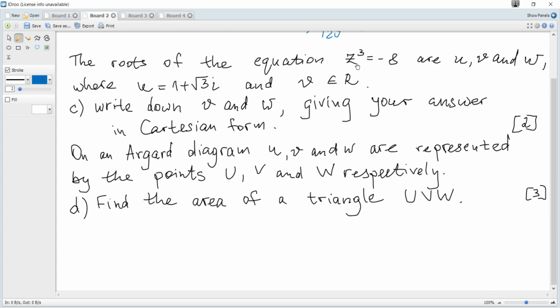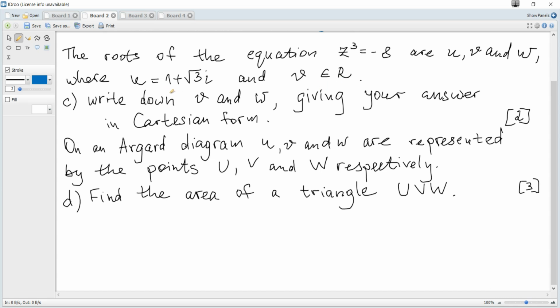And also we should know, if a complex number is a root, its complex conjugate also is a root, and complex roots arise in pairs. Since it's z cubed, there are 2 complex roots, and the third will be real.